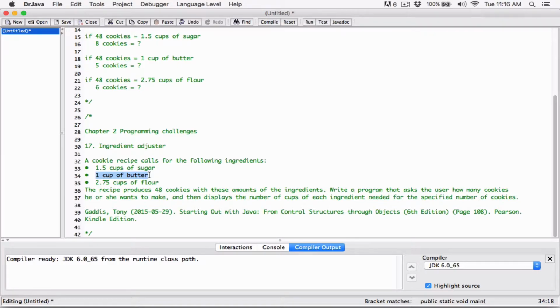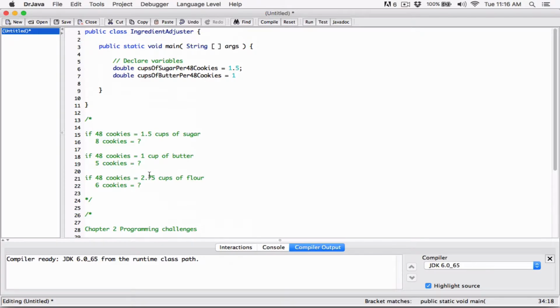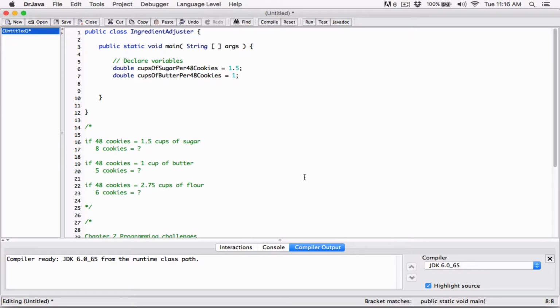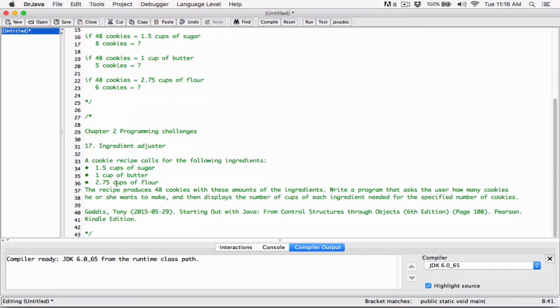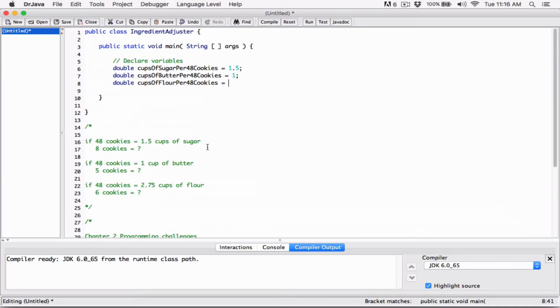It might not be advisable, because you end up using typecasting to convert stuff. We'll just leave it as a double for now. So that's going to be 1.0 or 1. And the next thing is going to be cups of flour per 48 cookies, which is 2.75.